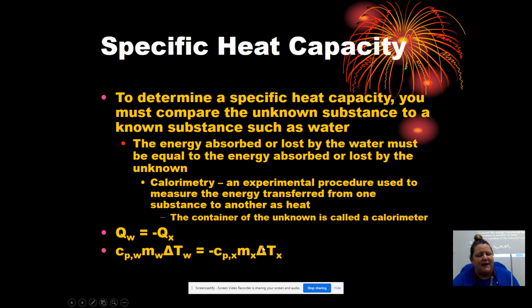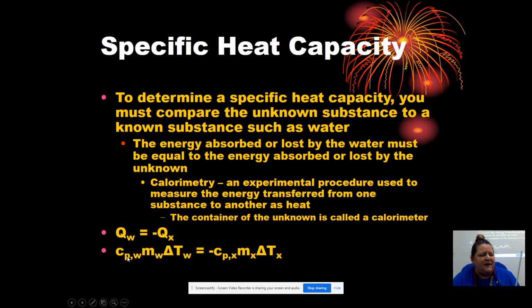This temperature change is going to be the opposite but equal to that one. So if the temperature of the water goes up 10 degrees, that means the iron, or whatever object we put in the water, lost enough heat to cause a 10-degree temperature shift, but negative because it gave off heat.